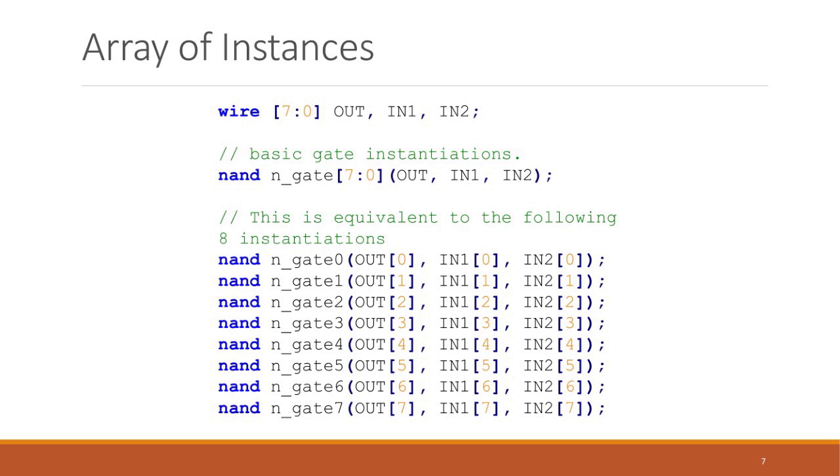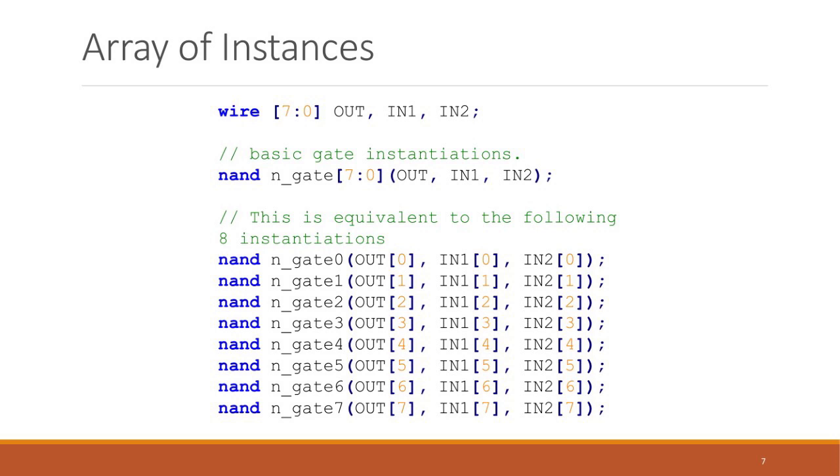Now we want to create 8 NAND gates and connect inputs and outputs properly. The main idea here is to create 8 NAND gates using a compact syntax.